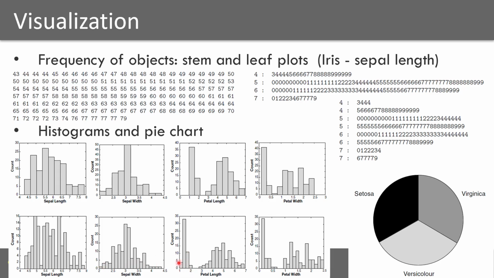Interestingly, here we can see that for the petal length the mode has moved to somewhere between 1 and 2. This was gathered in one bin, but now in more detail we can see it.